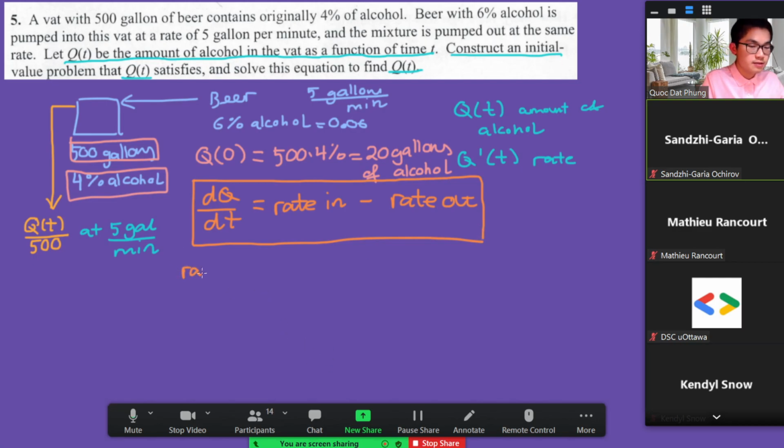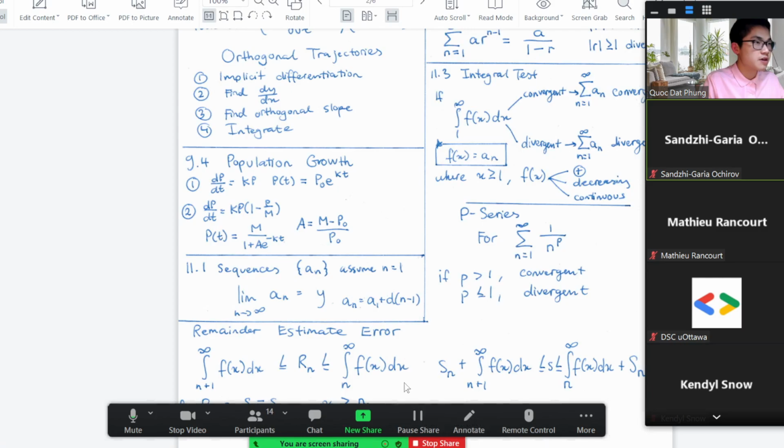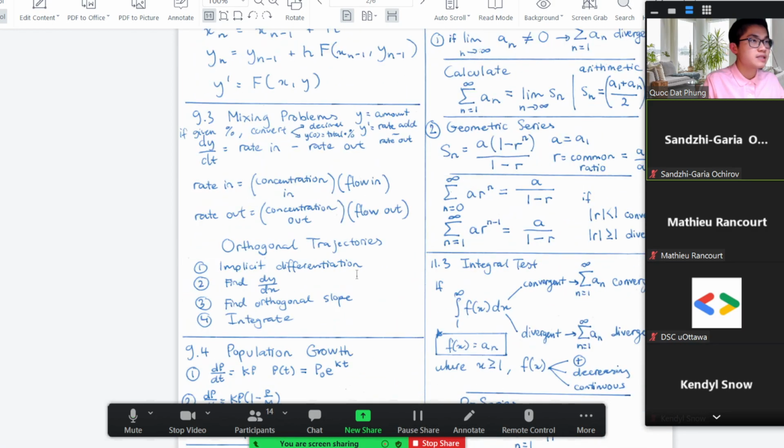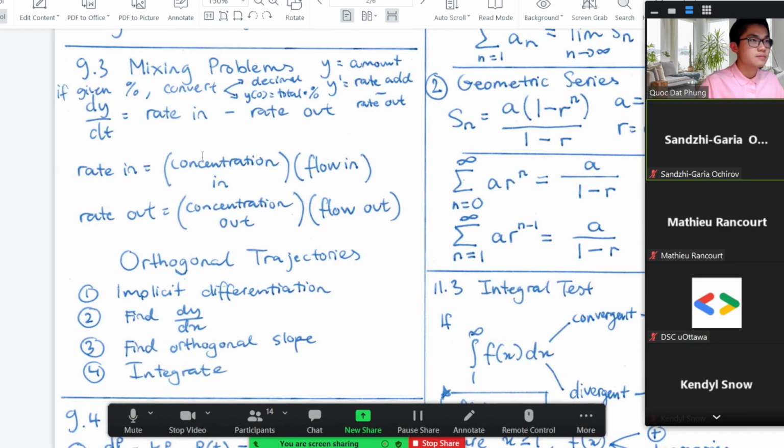Where rate in is equal to the concentration, or actually I'll just show you where this comes from. It comes from the formula sheet in here. You can just copy that in. So concentration in times the flow in, concentration out times the flow out. That gives you the rate in and rate out.